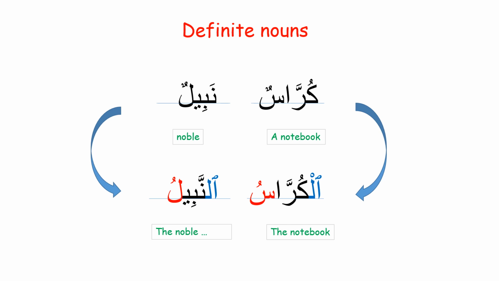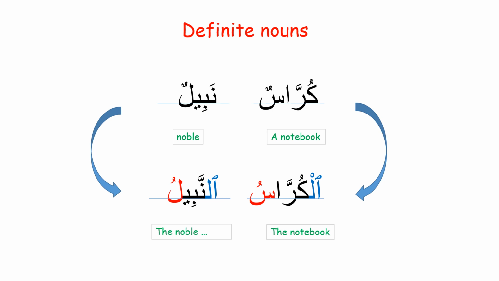While transforming these words into definite ones, we added the definite article as a prefix and cancelled the tanween for both of them. The extra step of adding shaddah and discarding the sukoon usually written on top of the letter lam of the definite article was only necessary for the word nabilun because it starts with the sun letter.